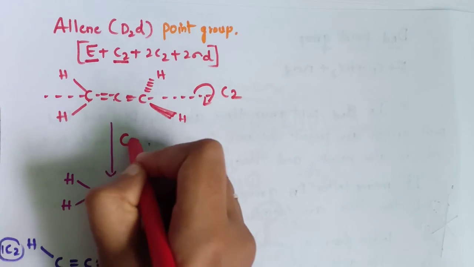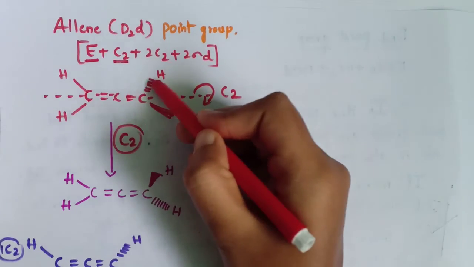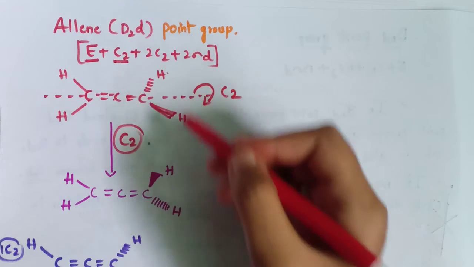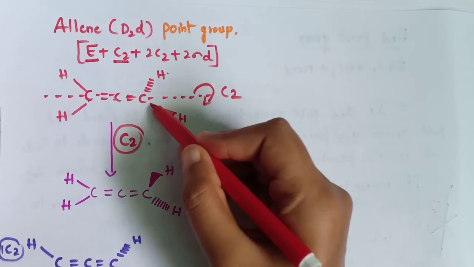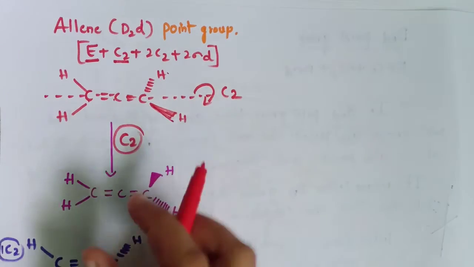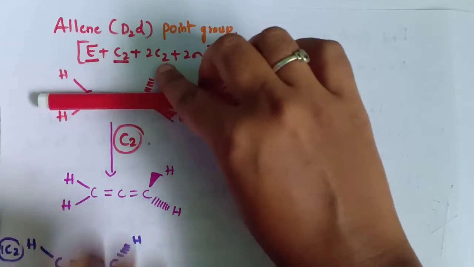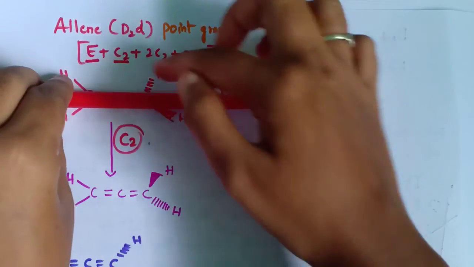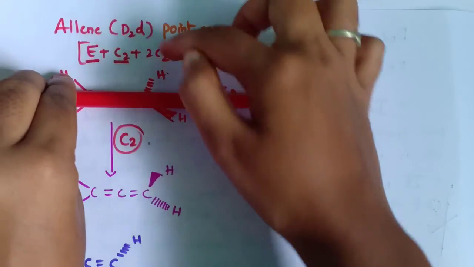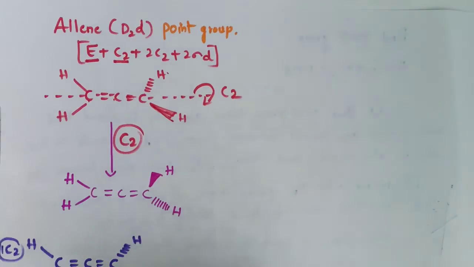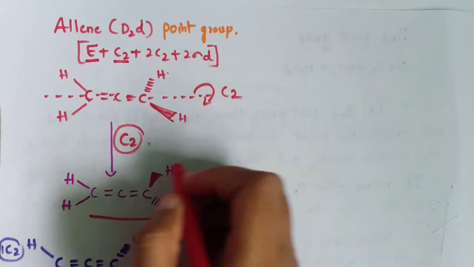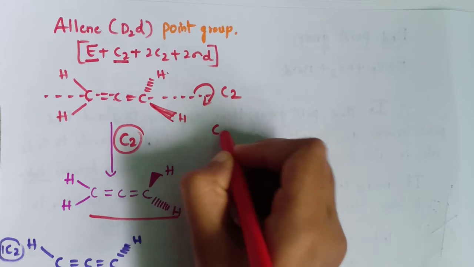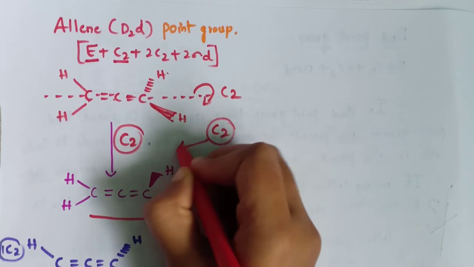This back hydrogen will come to the front, whereas the front hydrogen will go to the back side. These two will remain in the plane only. So this is the principal axis, that is the C2 axis, present in allene.